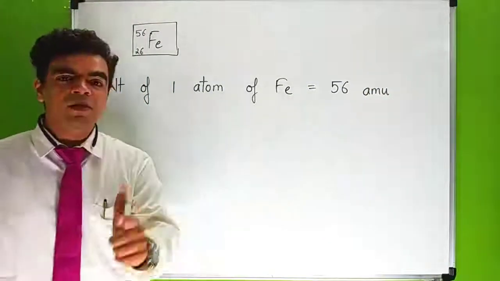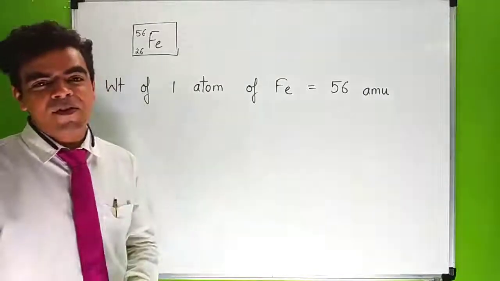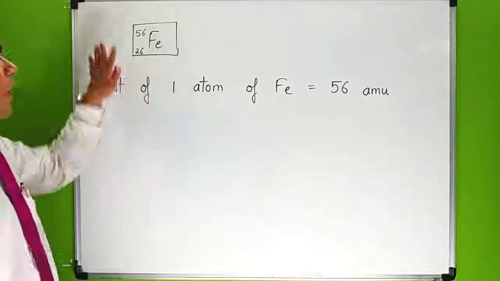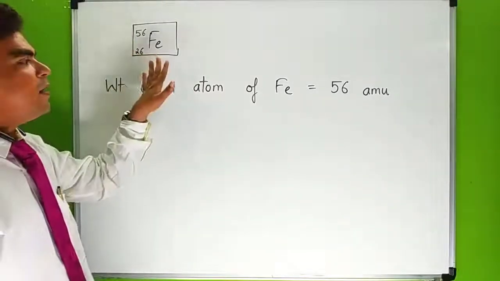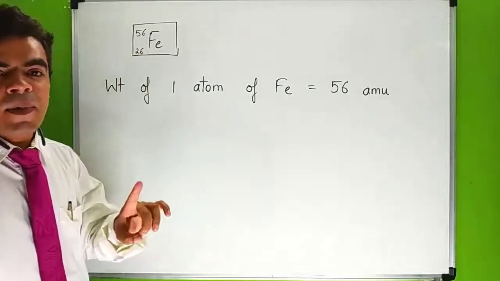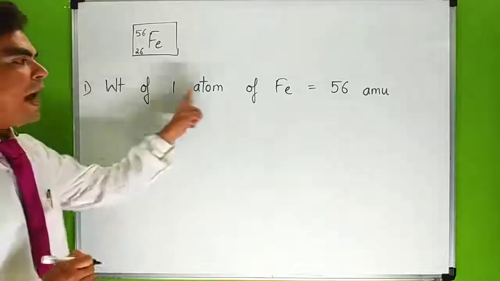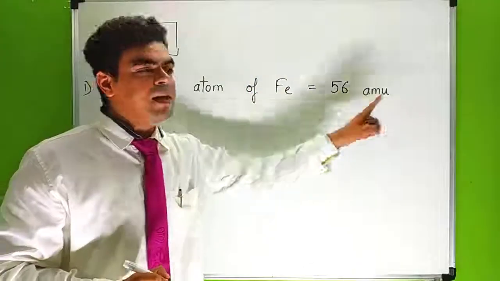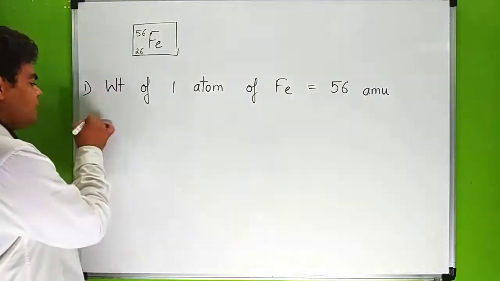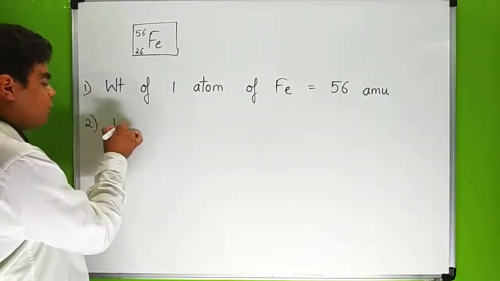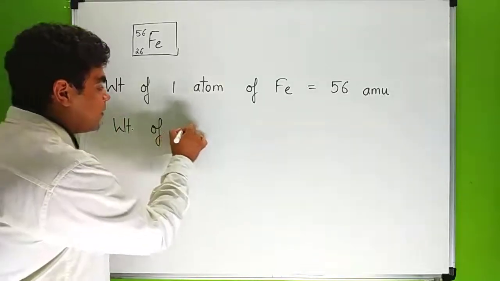What exactly is 1 AMU equal to? That is something which you are going to derive. So looking at this symbol, especially the atomic weight of iron, I can write two statements. The first statement is weight of one atom of iron is 56 AMU. The second statement which I can write is weight of 1 mole of iron.